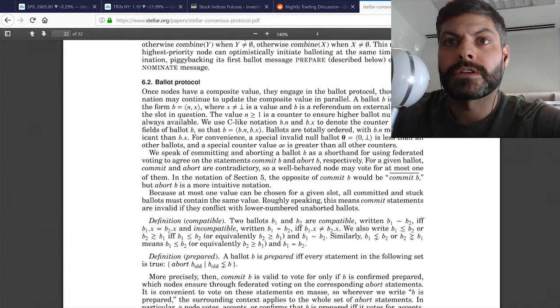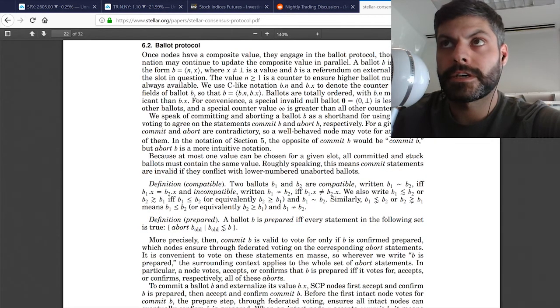Because at most one value can be chosen for a given slot, all committed and stuck ballots must contain the same value. Roughly speaking, this means commit statements are invalid if they conflict with lower numbered unaborted ballots. Definition: compatible. Two ballots, B1 and B2, are compatible, written B1 ~ B2, if and only if B1.x is equal to B2.x, and incompatible, written B1 not~ B2, if and only if B1.x does not equal B2.x.